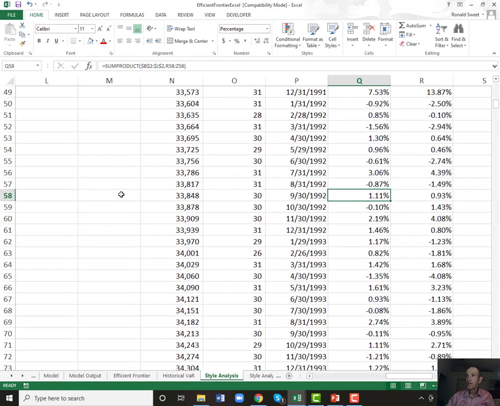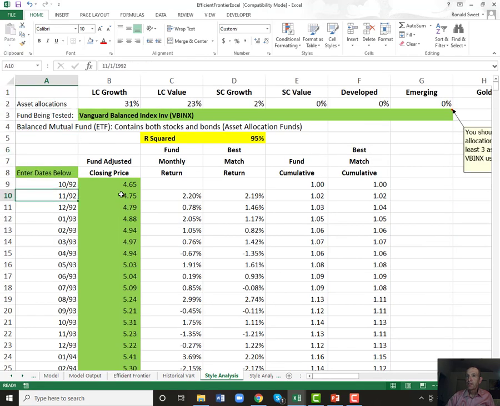So if we go to 10/92, we can see that return. It's kind of off by a month the way I have it set up. But actually it's 11/92, 2.19. So that gives you the return.